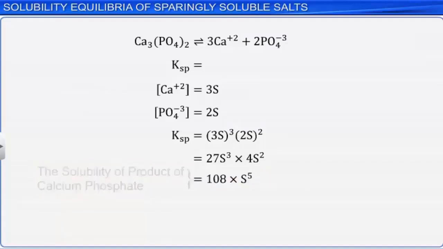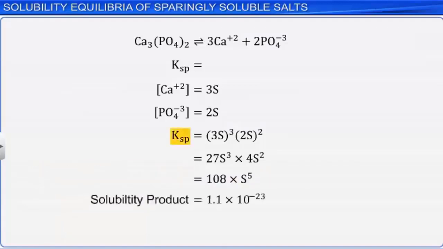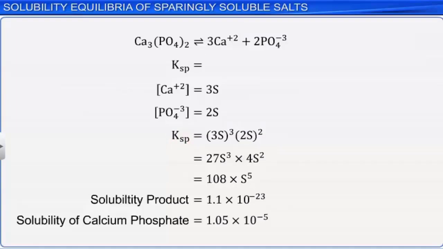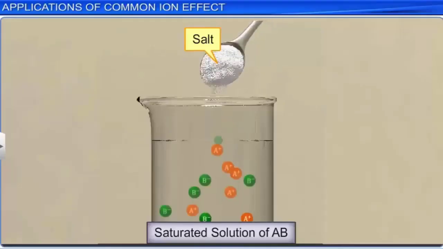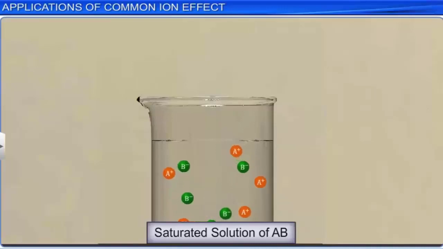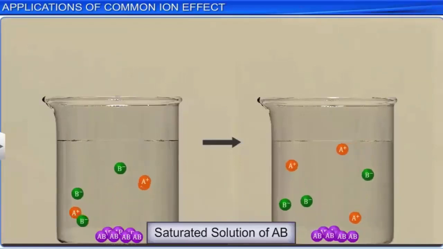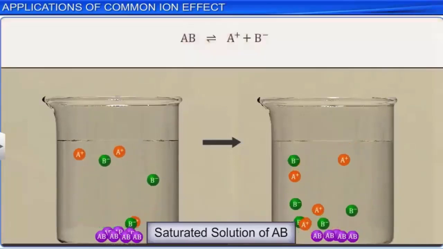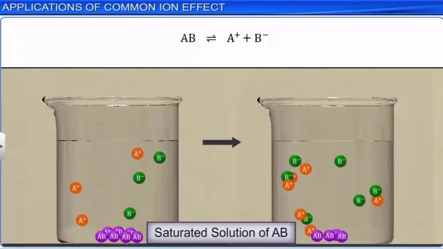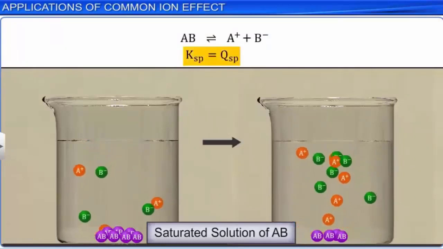If the solubility product Ksp of the salt is known, then the solubility of calcium phosphate is equal to 1.05 multiplied by 10⁻⁵ mole per liter as shown. You have learned that in a saturated solution, if the concentration of any one of the ions is decreased, then, as per Le Chatelier's principle, more salt dissolves and the equilibrium shifts towards the right till Ksp becomes equal to Qsp.